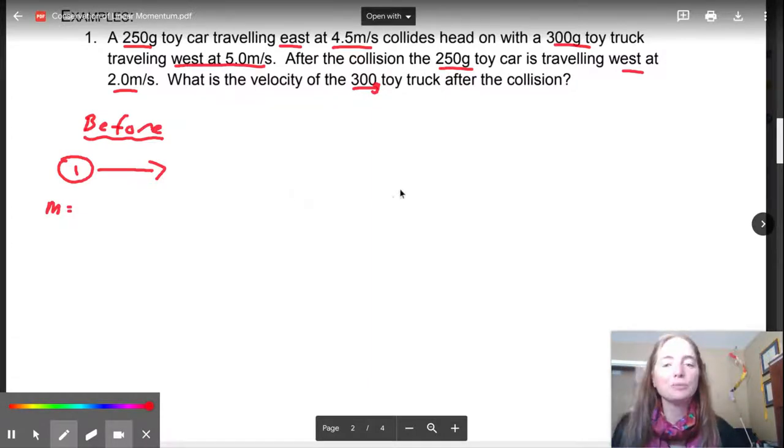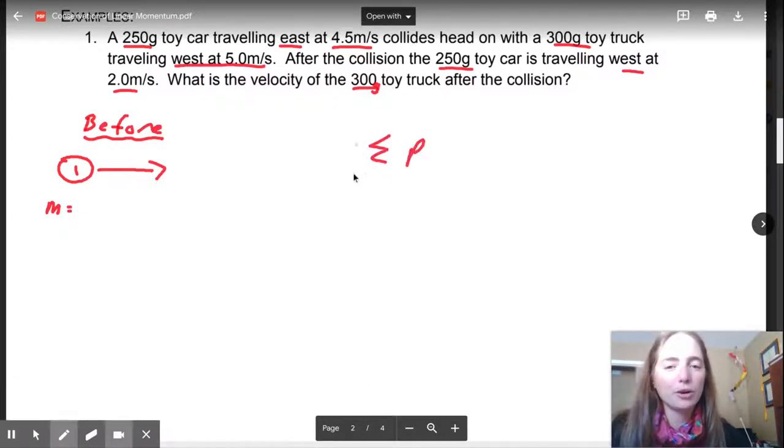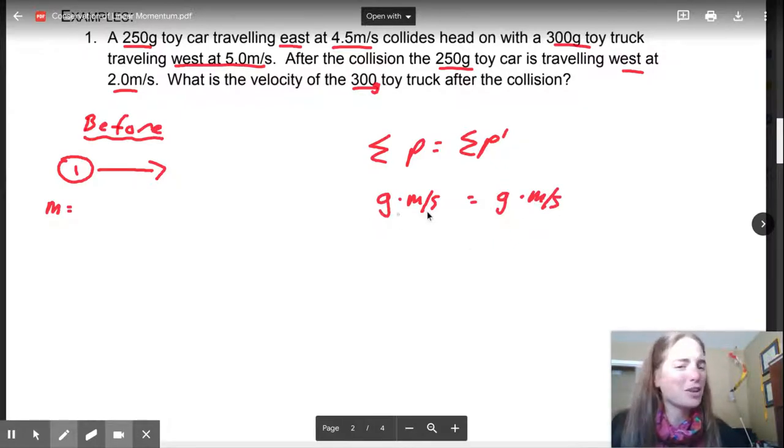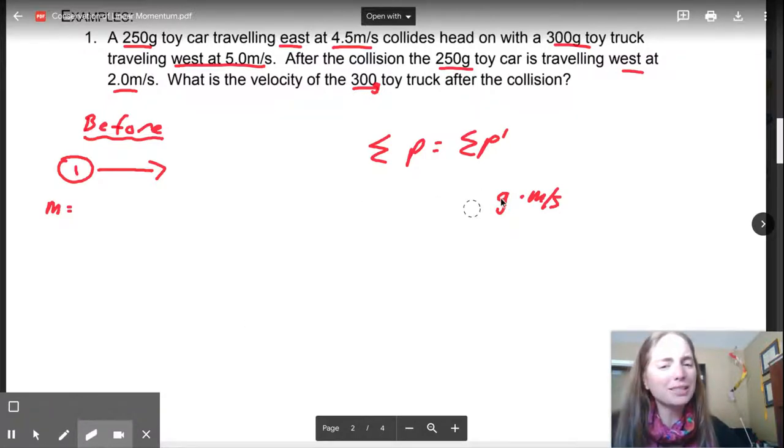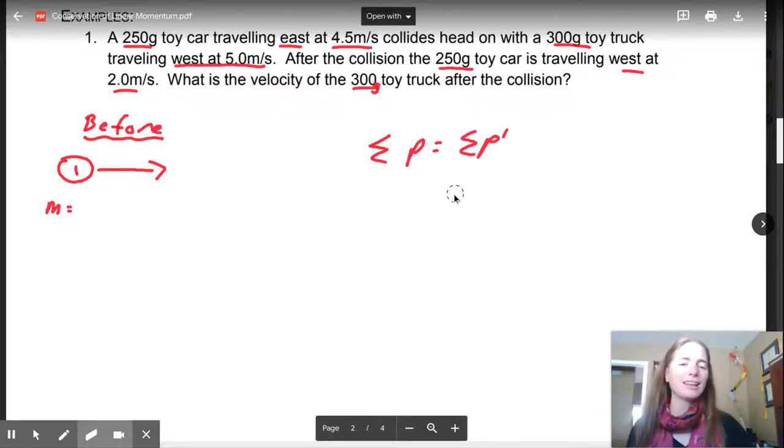When I am equating one side to the other like this, if all my units are the same and I leave this in grams, instead of kilogram meters per second, it would be gram meters per second, and that would equal gram meters per second. And well, guess what? The units cancel.